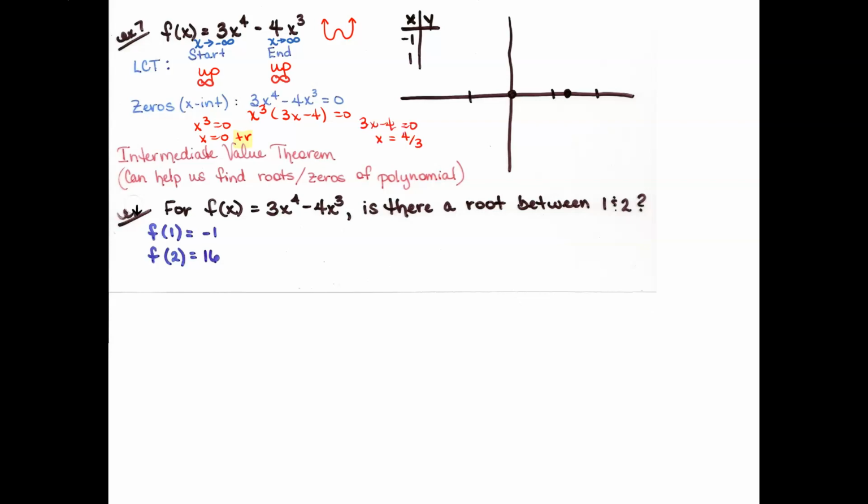And then for 3x minus 4, if we set that equal to 0, we're going to have a single root at 4/3. So we're going to go straight through at 4/3. All right, so go ahead and sketch what you think that's going to look like. It's pencil. You can erase it. Just sketch what you think it might look like.